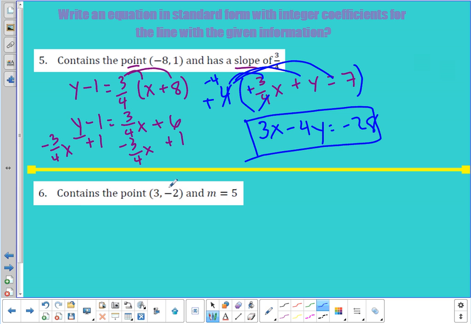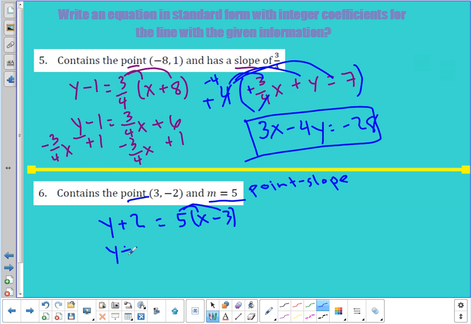Next one, point slope. So again, I'm going to use point slope. So I have y plus 2 is equal to 5, which is my slope, times x minus 3. So this gets distributed.